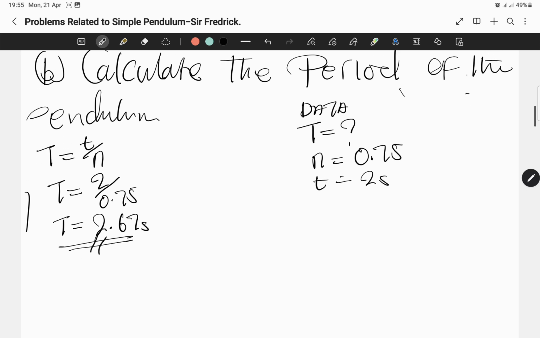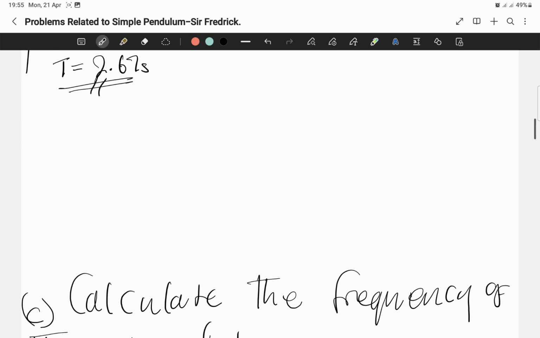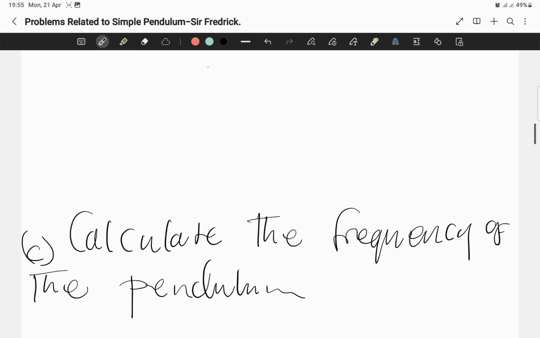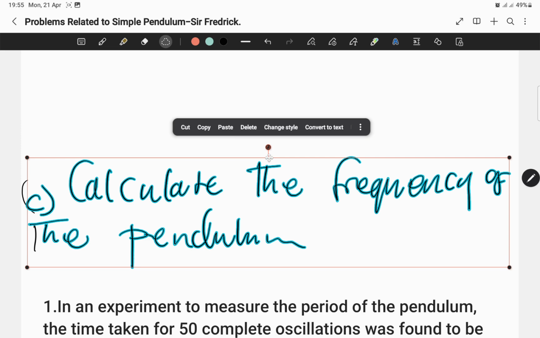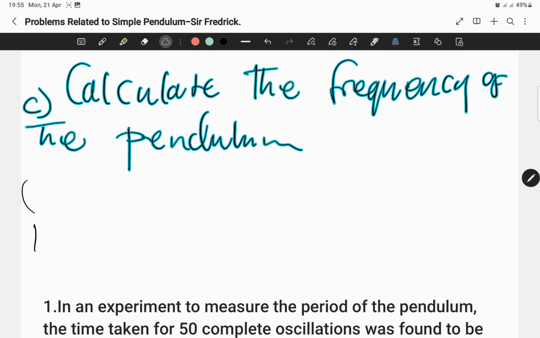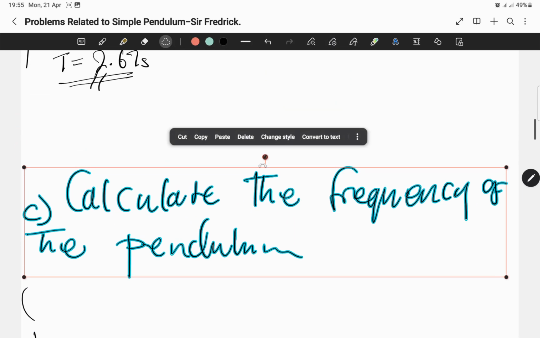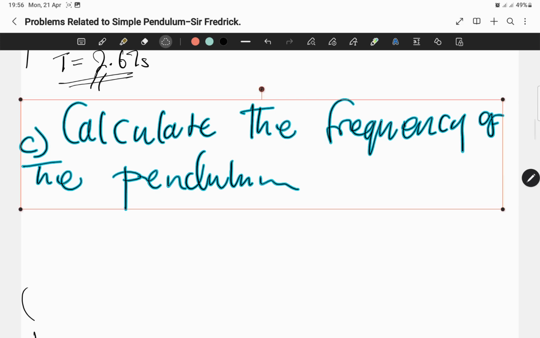Okay, so we've handled that question. Let's go to C then. C says calculate the frequency of the pendulum. So we are going to use the equation that talks about the relationship between period and the frequency of the pendulum.